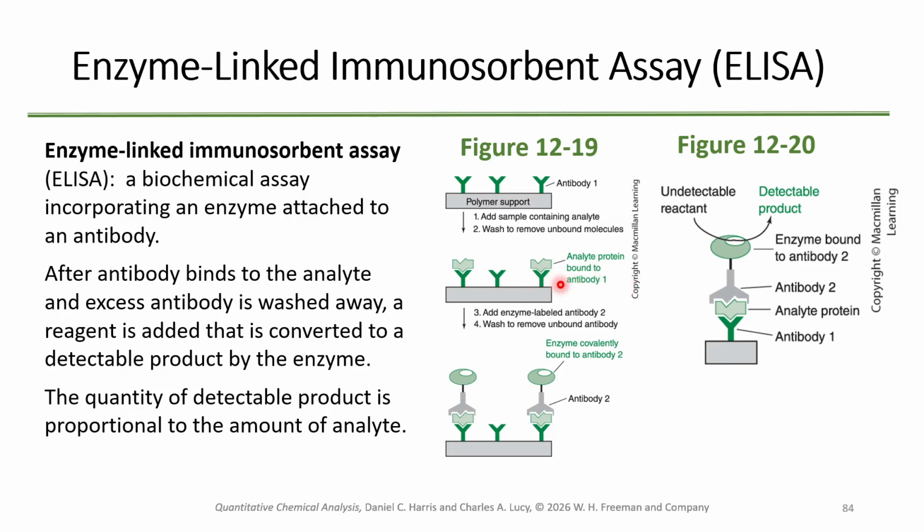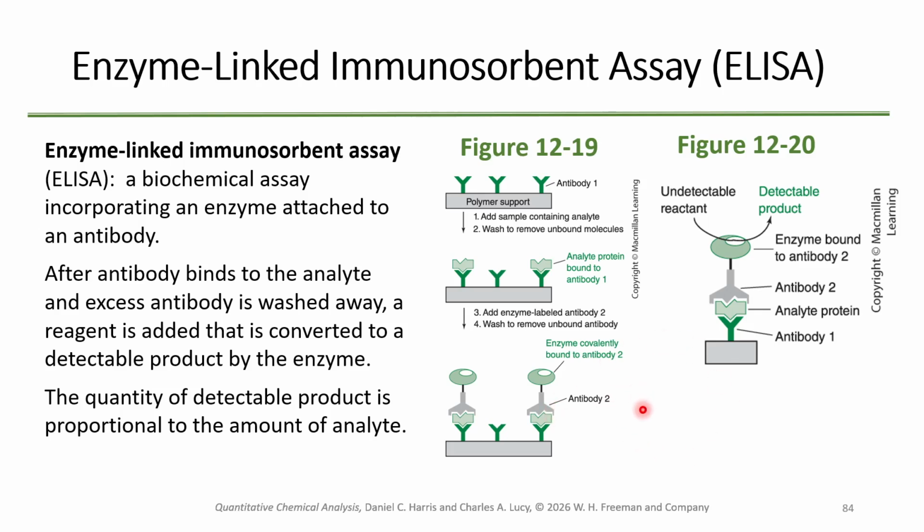So you've attached them onto your beads, right? Washed away the excess. And so the next thing you're going to do is add an enzyme-labeled antibody 2, and wash to remove unbound antibody. And so right here is your enzyme covalently bound to the antibody 2.